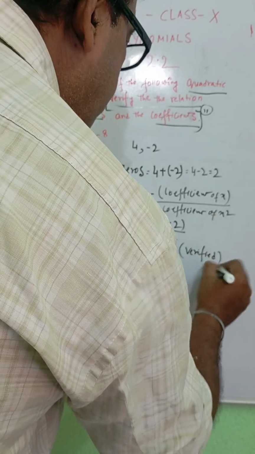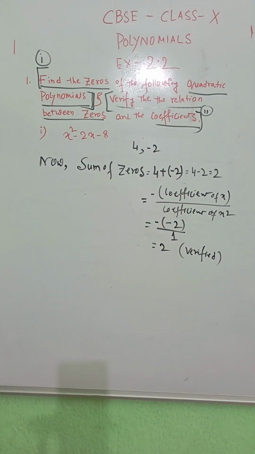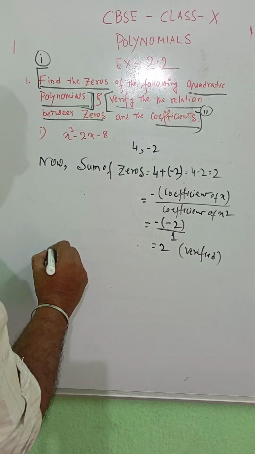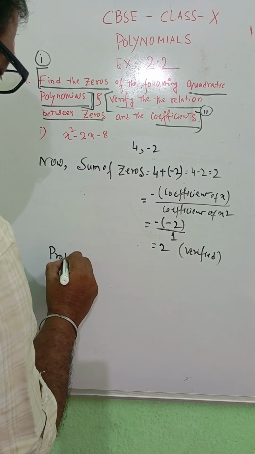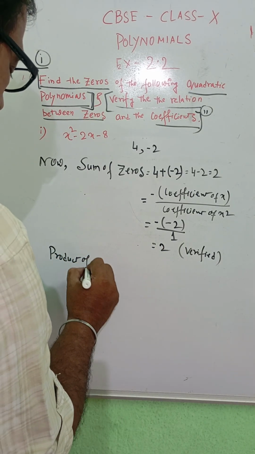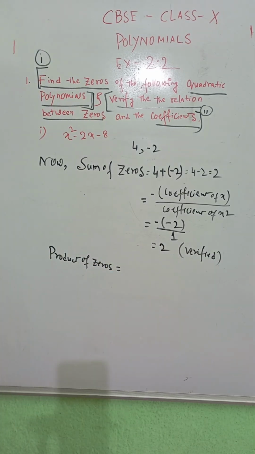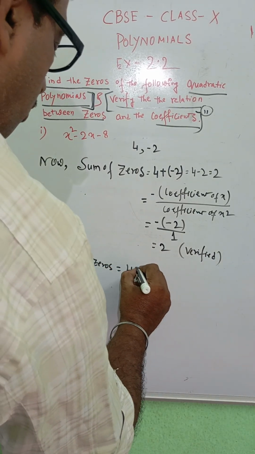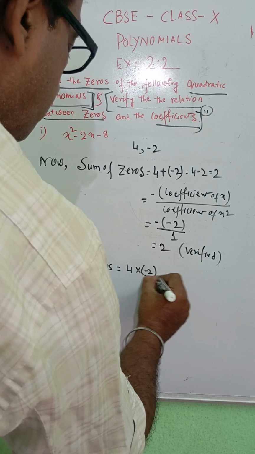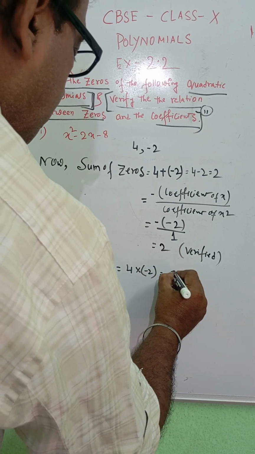Now sum of zeros is verified. Second, product of zeros: 4 into minus 2 is minus 8.